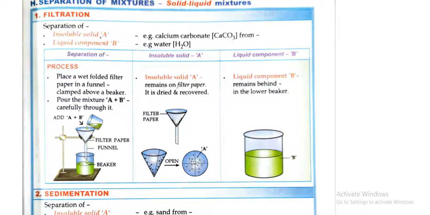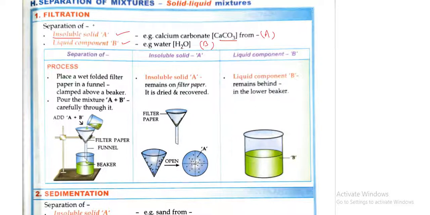Now suppose the solid will be named A and the liquid component will be named B. So for example, calcium carbonate is our A and water will be our B. Now we know that here it is insoluble, means it will not dissolve. If it will not dissolve, what to do? Very simple, we will just do filtration.